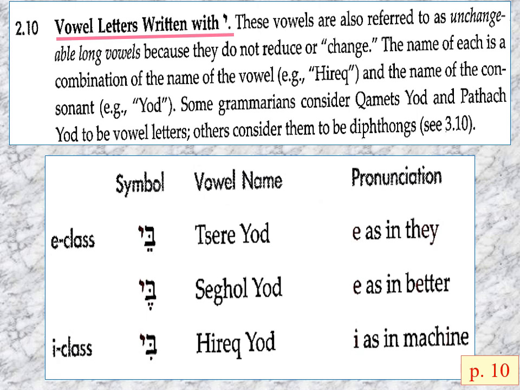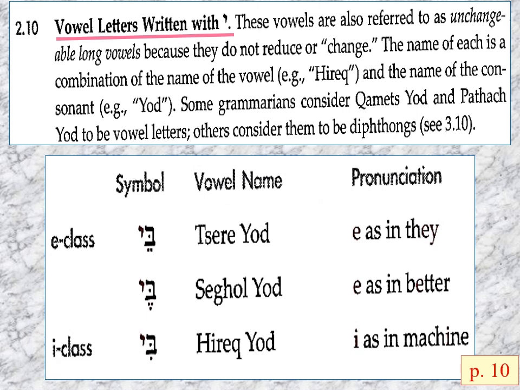Let's look at vowel letters written with yod. There are three for the two classes that are represented here. For the E class, you have the tsere yod, A as in they, and then you have a segol yod, as in better, and then you have a hireq yod, long E sounding actually, the E as in machine.